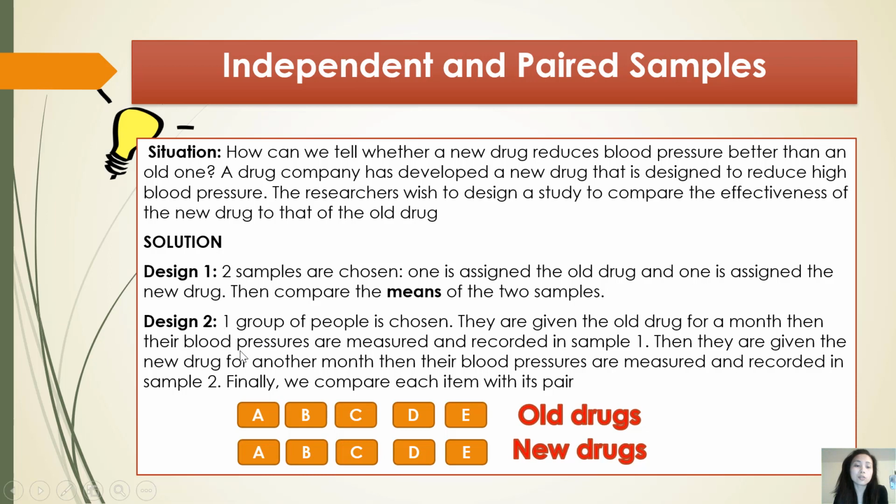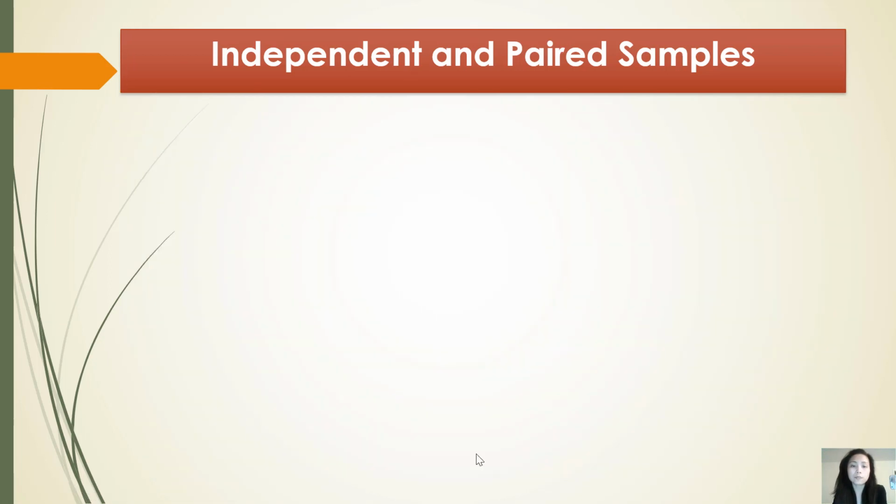However, for design 2, it's clearly shown that we have only one unique way to pair the first sample and the second sample. Here A has to be paired with A, B has to be paired with B, C has to be paired with C, D has to be paired with D, and E is paired with E. So that is the difference between these two designs.